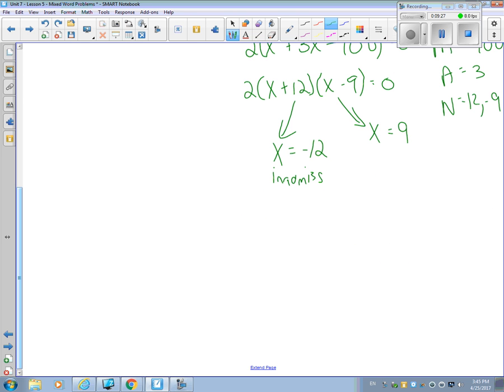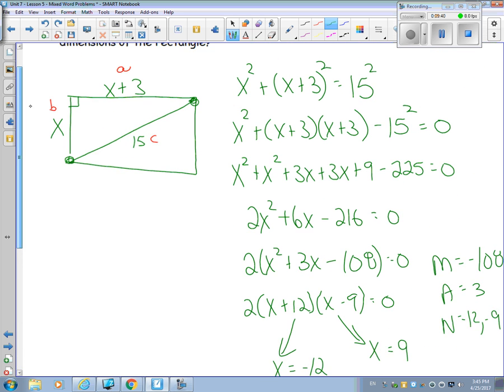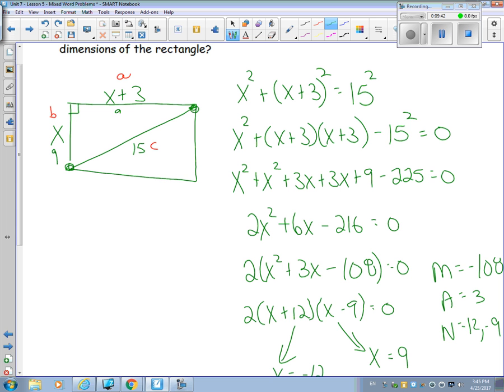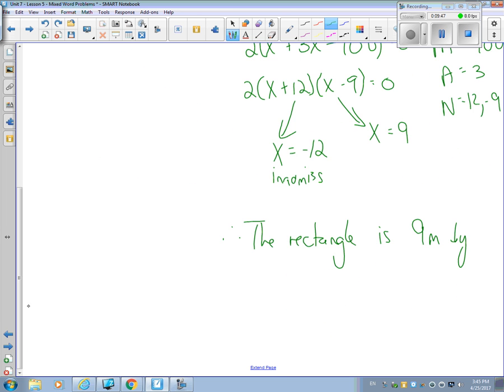So, how big is this rectangle? The rectangle is, well, it's 9 for sure, by, how big was the other side? When x is 9, well, then this is 9 plus 3, so it's 12. It's 9 by 12, and we solved it.